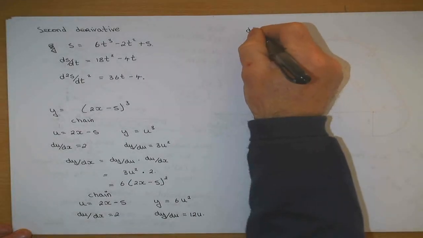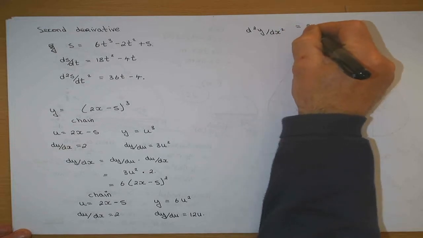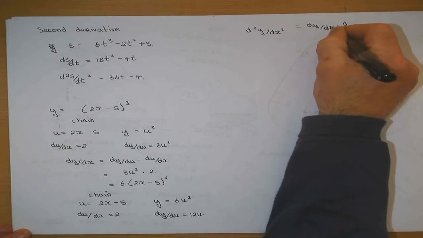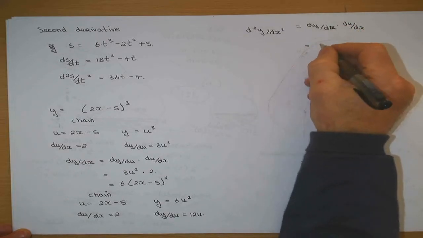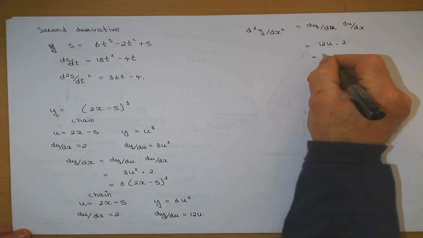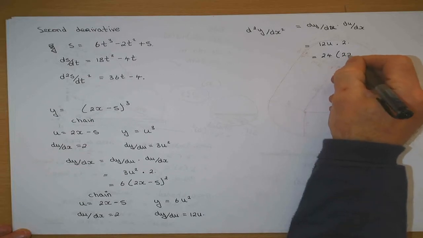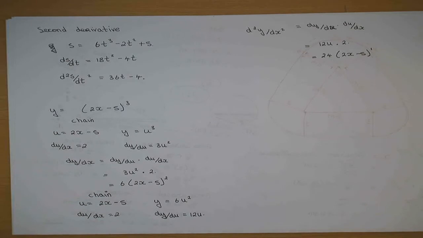And in this case now d2y/dx squared is equal to dy/du by du/dx, 12u times 2, which is 24 times u, 24(2x minus 5) to the power of 1. So how do you get the second derivative?